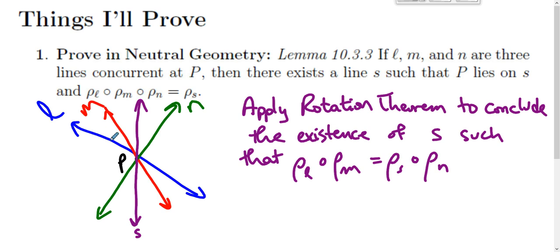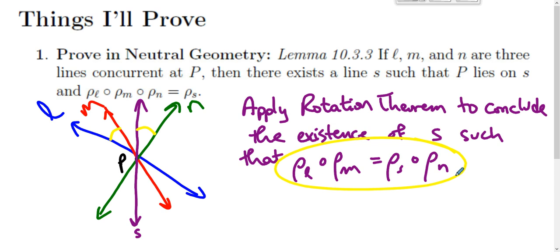Well, there's some angle between L and M. We can make a line S at the same angle to N through P. So whatever this angle measure is, we can measure it, and then the protractor postulate says pick one half plane bounded by N, construct this angle to be the same. So there is a line S such that this holds.